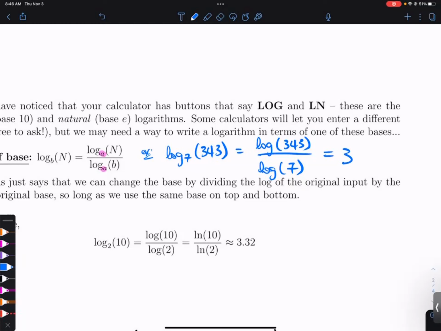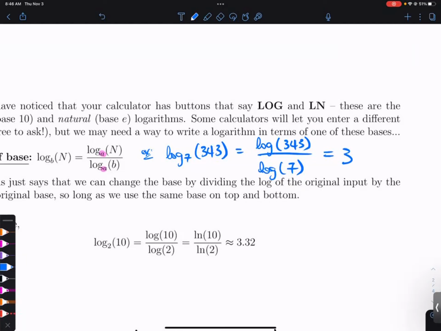Now you may be able to do the log directly. Some graphing calculators will have this built in. If you go to the math menu and on the first thing there, scroll all the way to the bottom. If you see a thing that says log base, that'll let you type in directly whatever you want. If it's not there, then yours doesn't do it, which is fine.